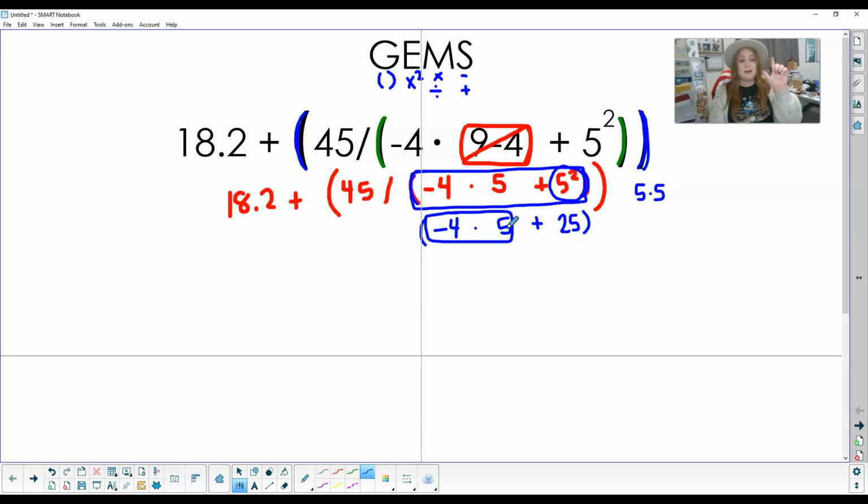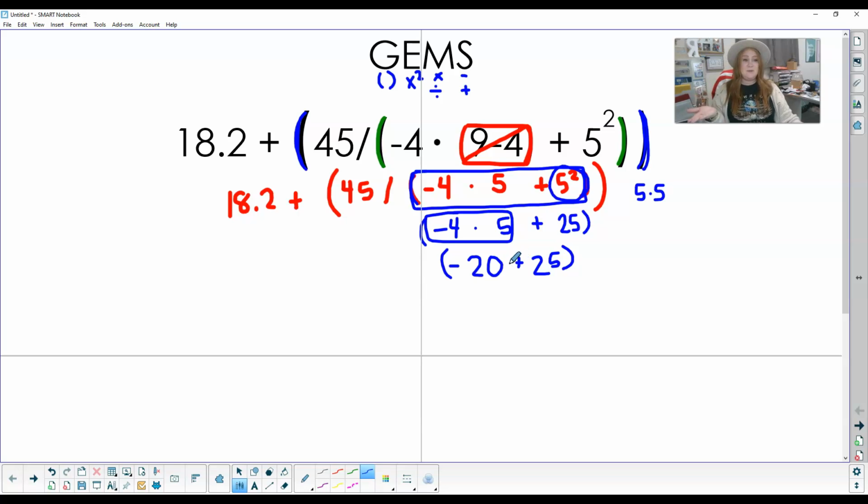So -4 and -8. Since they're the same, I'm not counting my positive, I'm just counting negative. So -4, -8, -12, -16, -20. 5 times 4 is 20, but it was negative. So we've got -20 plus 25. So all this is shrunk down here.